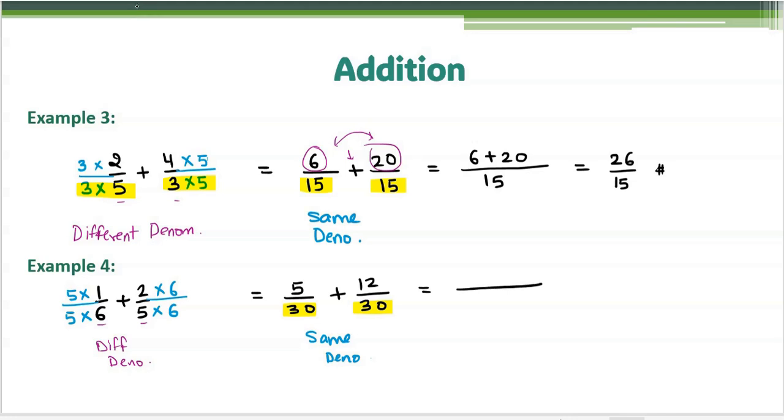It is 30 with the same denominator, and we just add up the numerators: 5 plus 12 gives you 17 over 30. We stop here because it's not possible to simplify further. It's not possible to cancel anything between 17 and 30. That's the reason we stop over here.